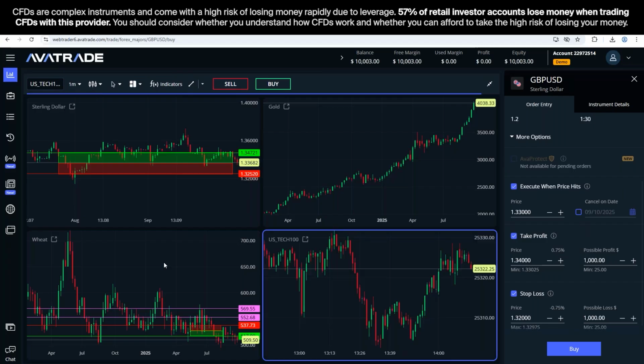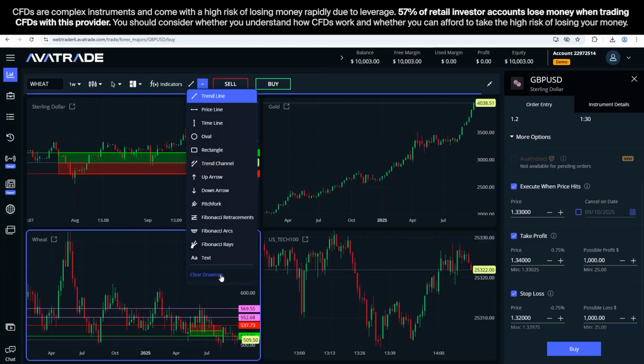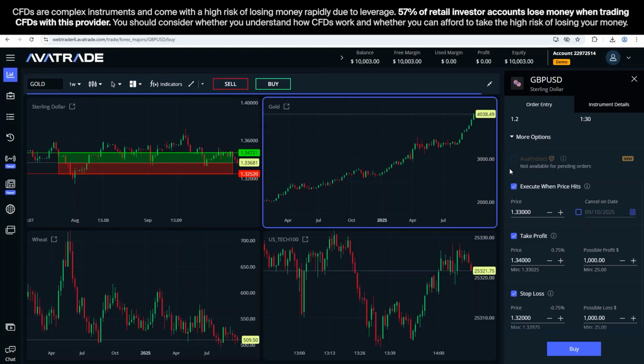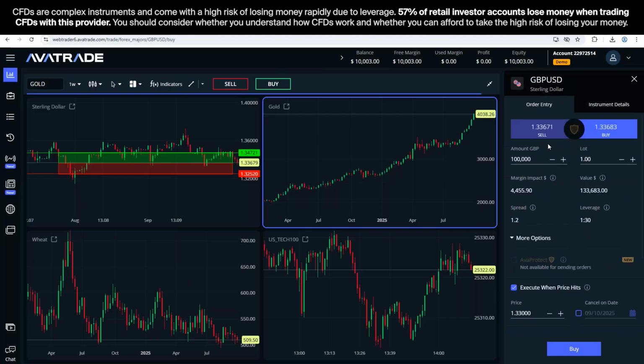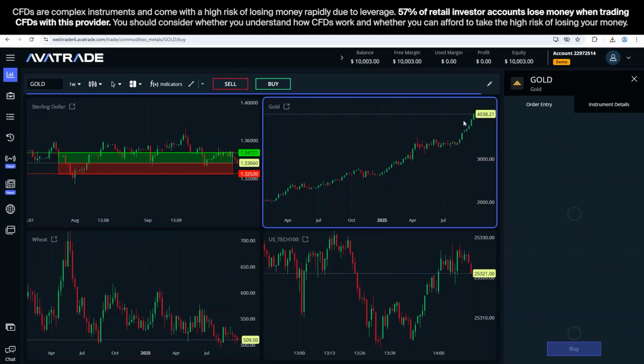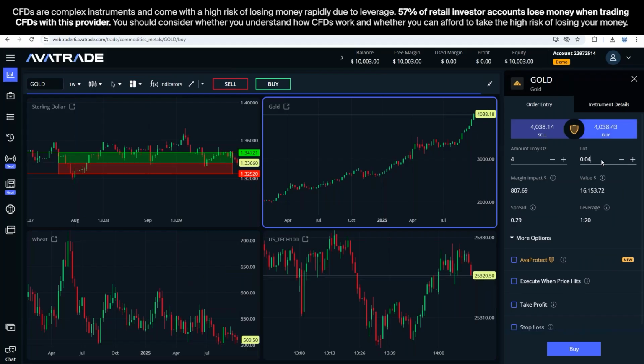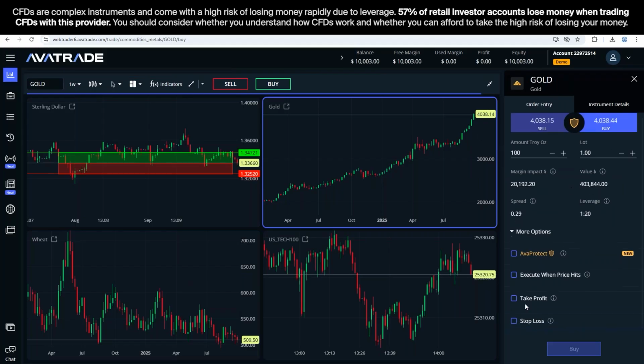Okay, so Nasdaq. In here we got some analysis going on. With gold we'll use the same proportions. So again, we're going to go with a buy since it's very bullish. We're going to go with one lot, and with one lot we're going to click on take profit.